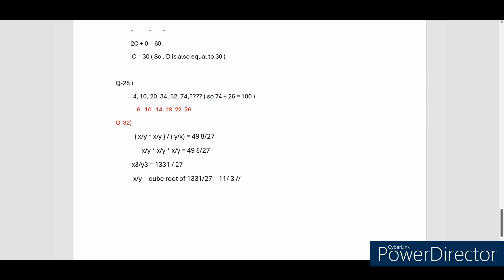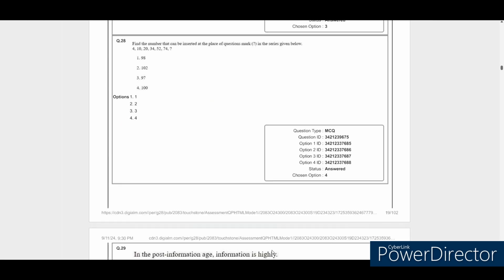Now you need to look at the difference between these differences, okay? 10 minus 6, 14 minus 10, 18 minus 14, 22 minus 18, 26 minus 22. So in all the cases, the difference is 4. So we need to add 4 to 26, right? Sorry, 4 to 22. So the next number will be 26. So 74 plus 26 will be equal to 100. So it is a very easy question which I can answer in the examination.